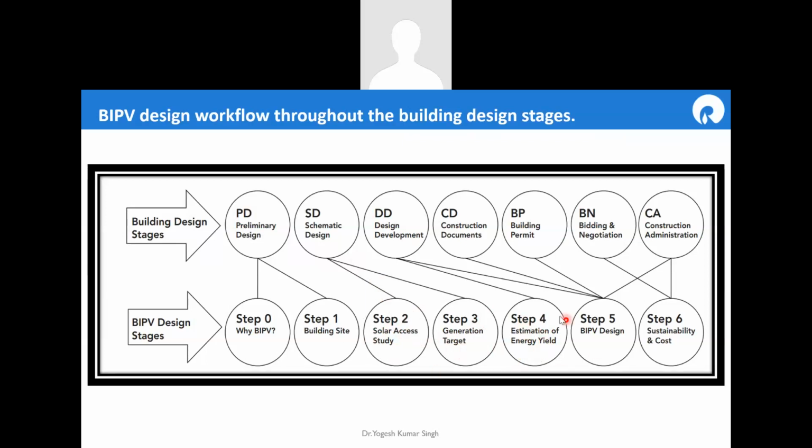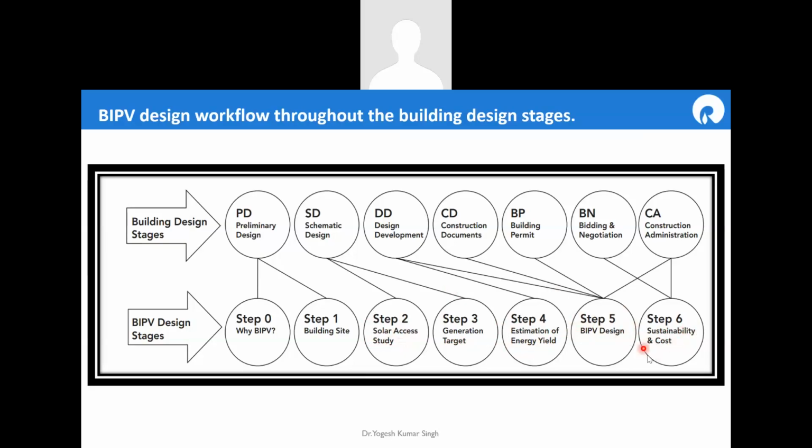These steps are all done by simulation software. I will come to it in the upcoming slide, where I will also guide you on what the simulation software looks like. After the simulation software, with all the data like the solar energy generation target and energy yield, we go for the BIPV design, and then finally we go to step six, where we discuss the sustainability and the cost of the system.